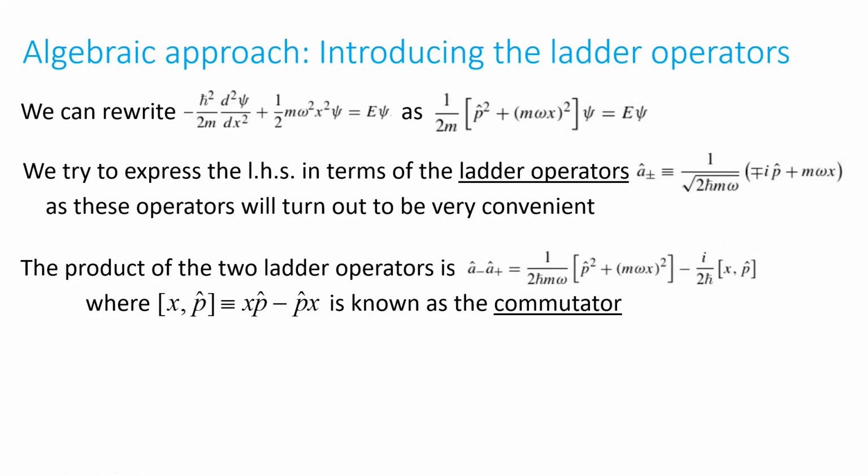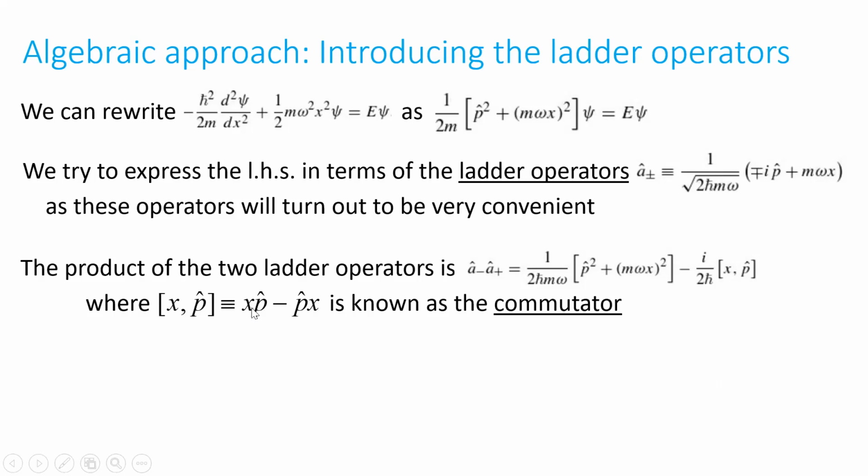Okay, so why might doing p first and then multiplying by x be different from multiplying by x and then operating on that with p? Well, remember, p involves the derivative with respect to x.